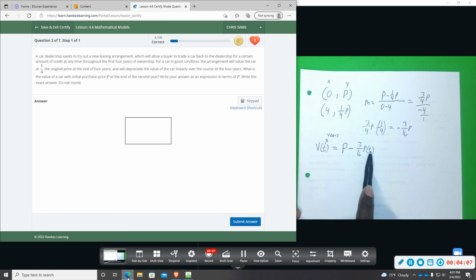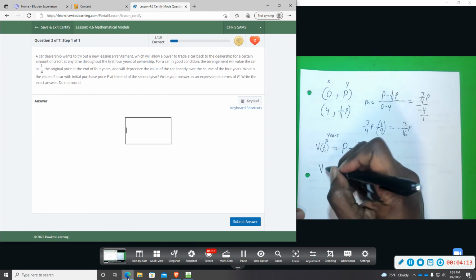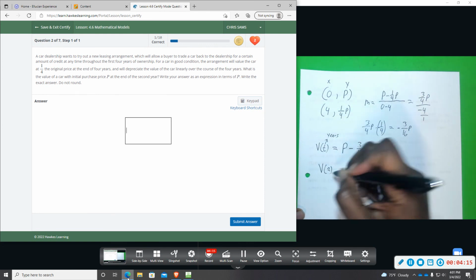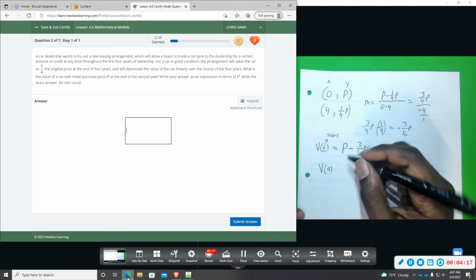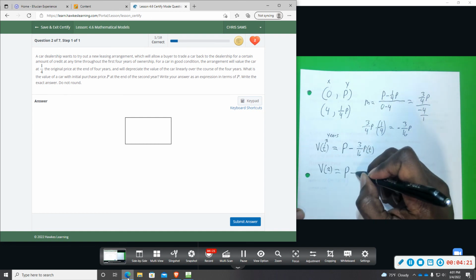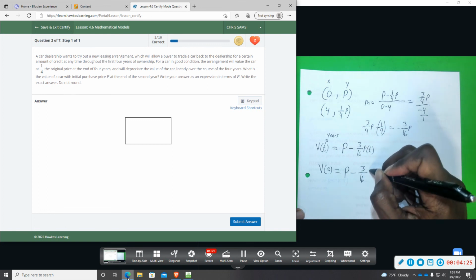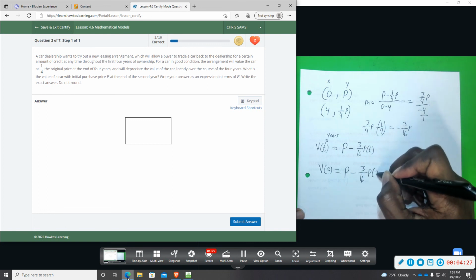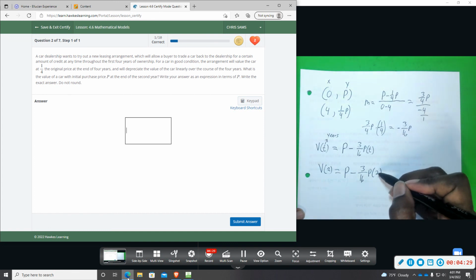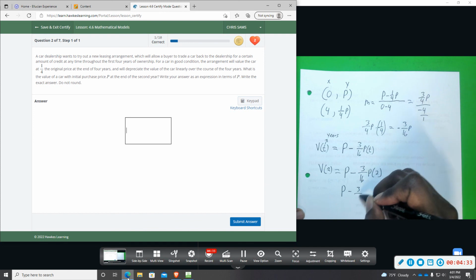So since we want to know the value at the end of the second year, we're going to do V of 2. It's going to give us P minus 3/16 P times 2. And then this will give us P minus 3/16.